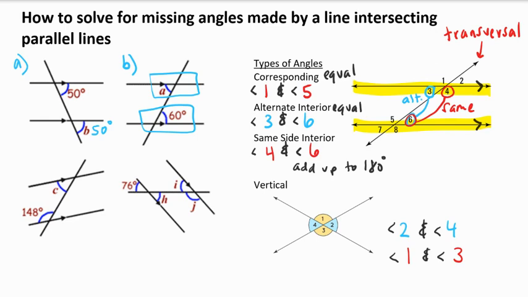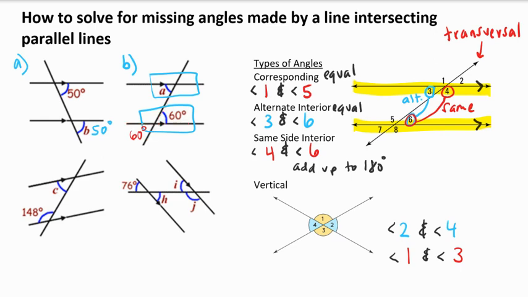If that's confusing though for the alternate interior, you can also use corresponding angles and then vertical angles. So, all right, let's see what I mean on that one. So right here, I know that if this angle is 60, this angle will also be 60 right here, because these two angles are vertical angles.